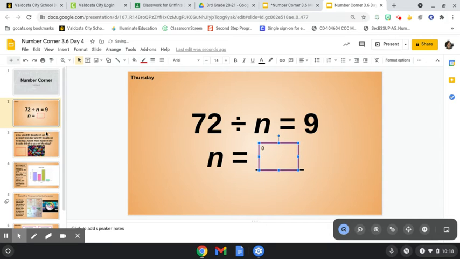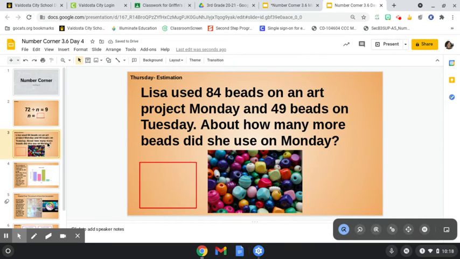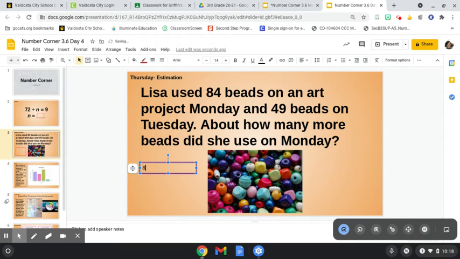And then here, this is the estimation question. Lisa used 84 beads on an art project Monday and 49 beads on Tuesday. About how many more beads did she use on Monday? So we're going to round to the nearest 10. 84 rounded to the nearest 10 is 80, which is below the midpoint, which is 85.